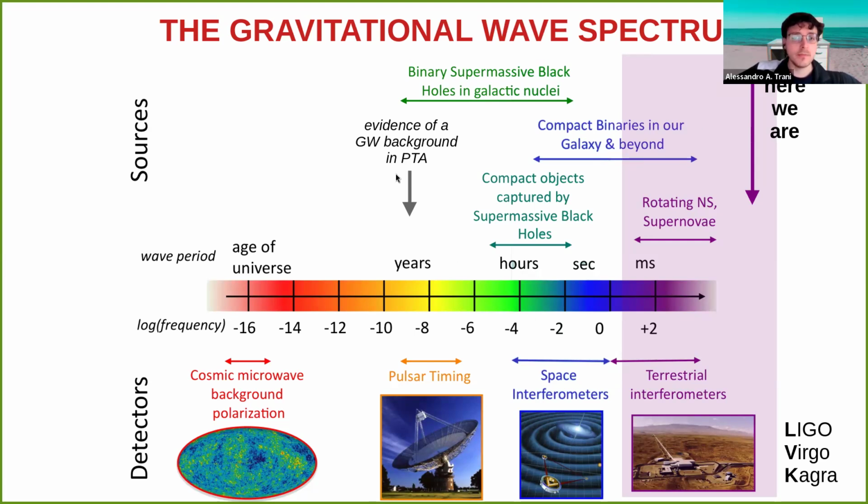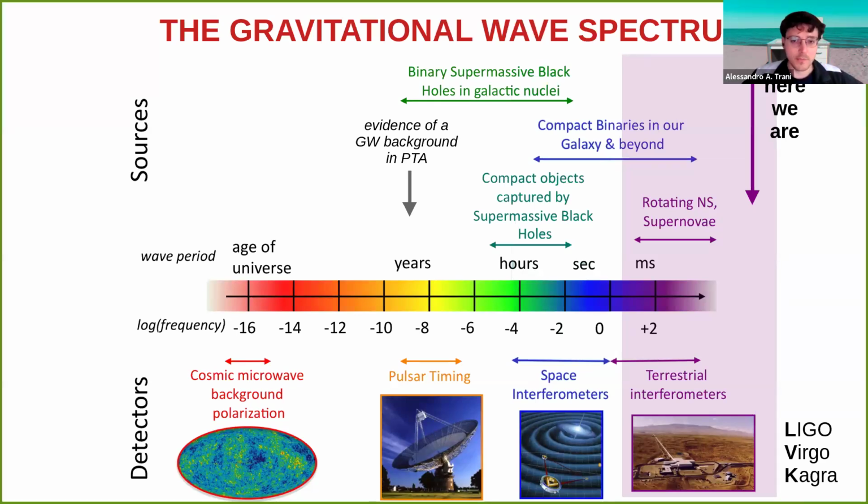Last year, we had some announcement from the PTA collaboration of the evidence of a gravitational wave background, and this is measured with pulsar timing arrays, and it's basically monitoring the change in pulsar arrival times from different pulsars in the sky, and this will change if there is a gravitational wave passing between us and the pulsars.